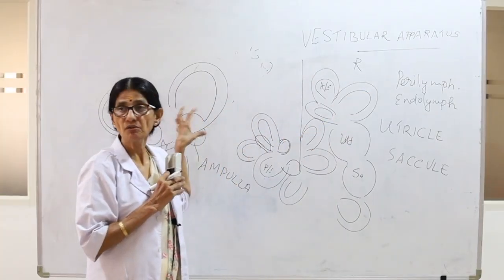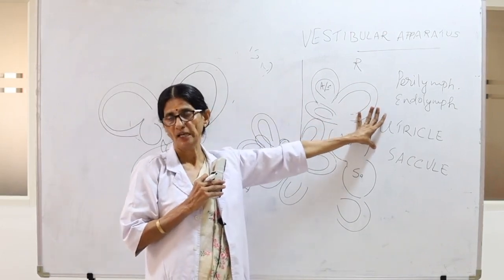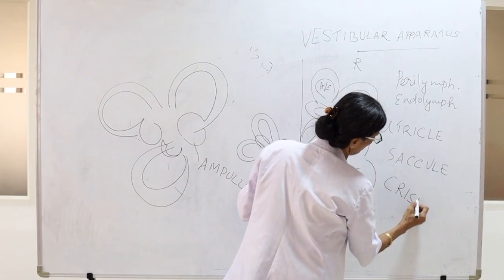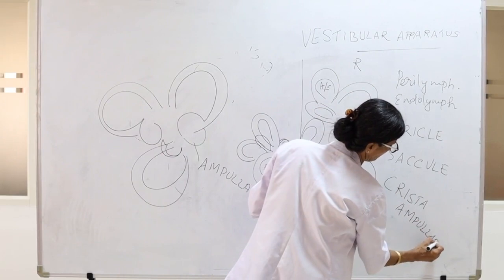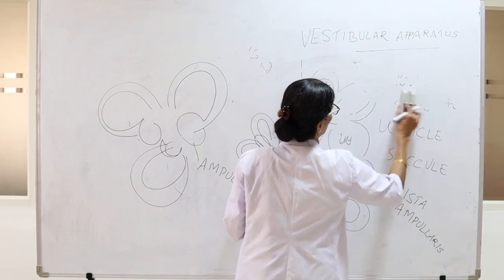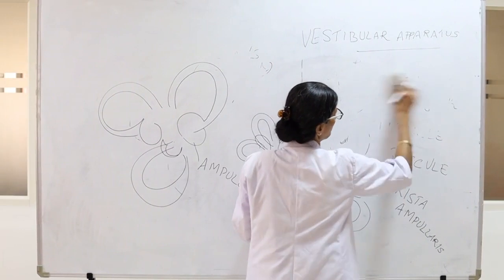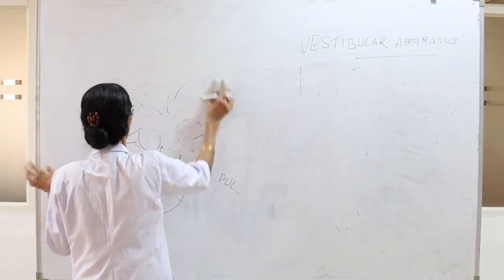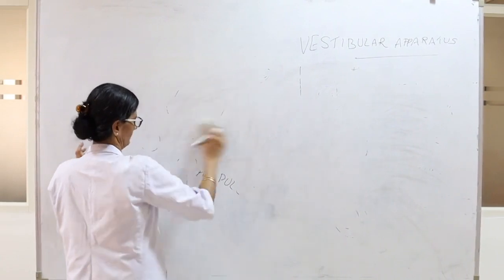It is the sensory receptor seen in these dilated ampullae that is known by the name of crista ampullaris. So the sense organ is called the crista ampullaris. Now when we go into the details of this structure, there is a sensory receptor. For easy learning, we will consider the horizontal canal so that it will be easy to draw and learn.